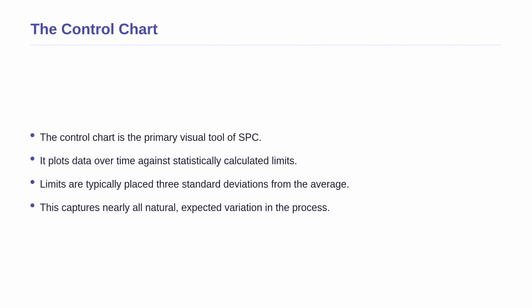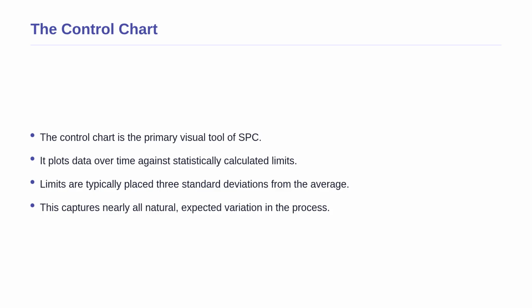Building on the idea of detecting assignable causes, we use a primary visual tool called the control chart. This chart plots data over time against statistically calculated limits, acting as the edges of the highway for our process. We calculate three main lines based on historical data: a center line representing the average performance, and an upper and lower control limit.